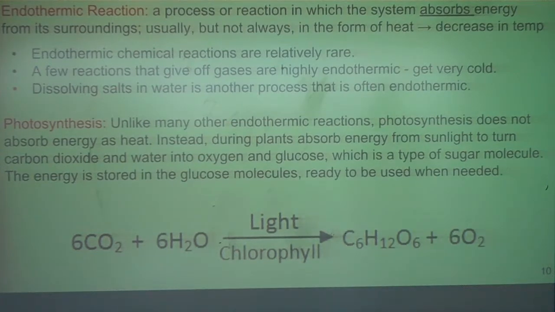Has anyone got an example of that last one there, the one with the red dot? Dissolving salts in water to get an endothermic reaction. What do you think cold packs are?